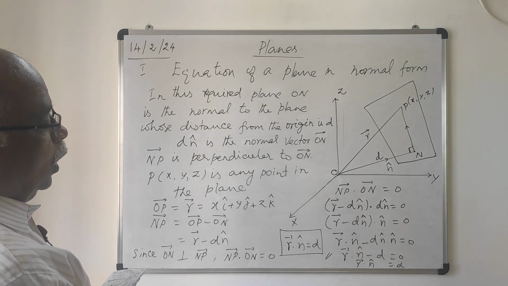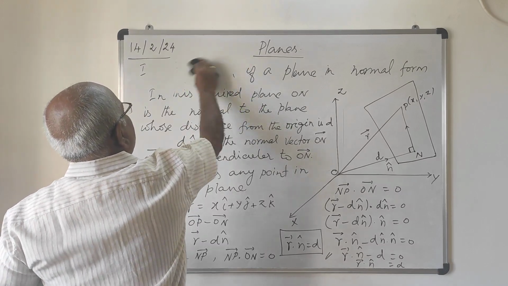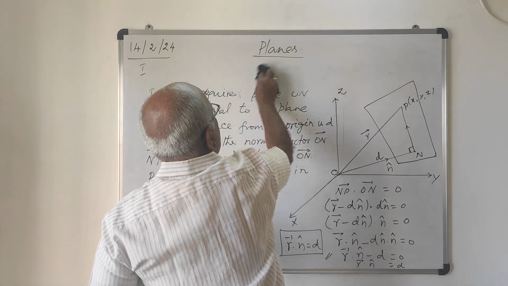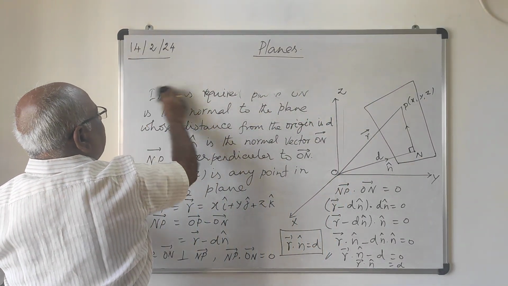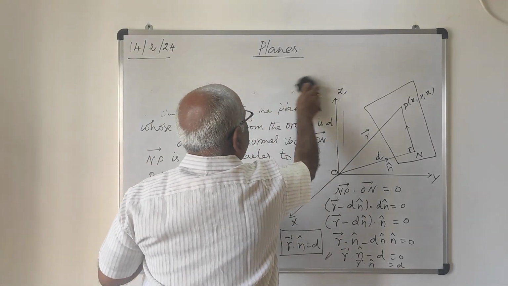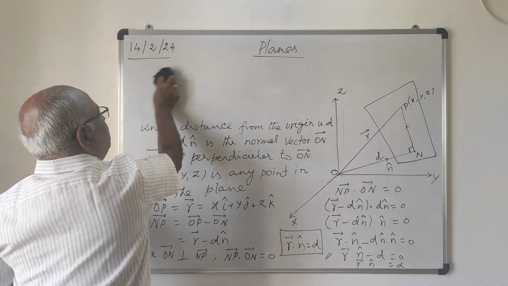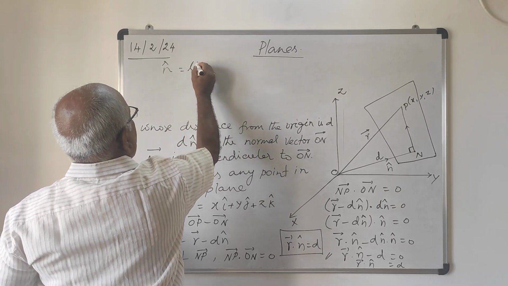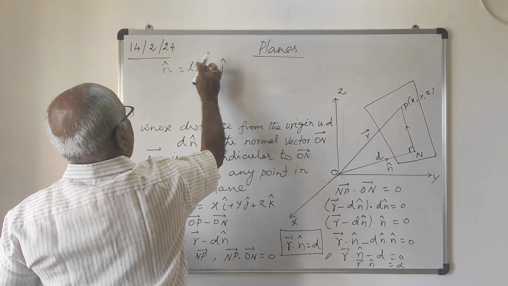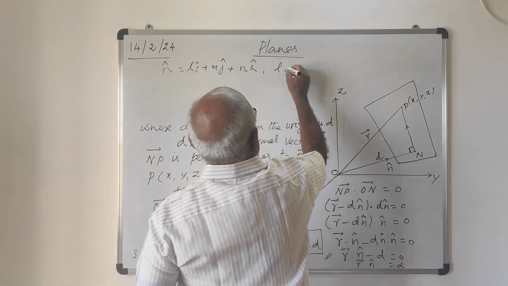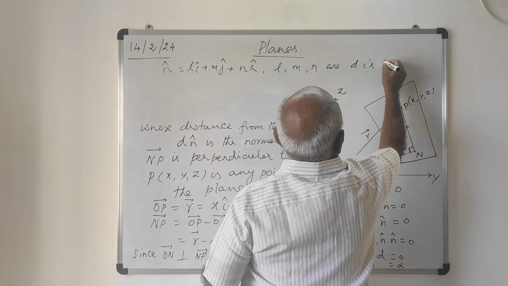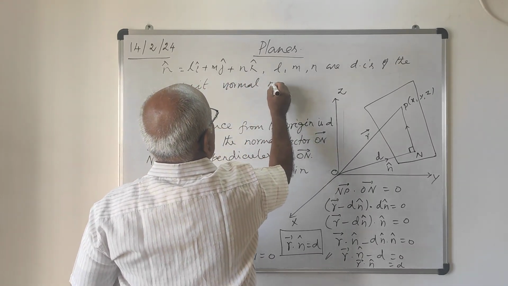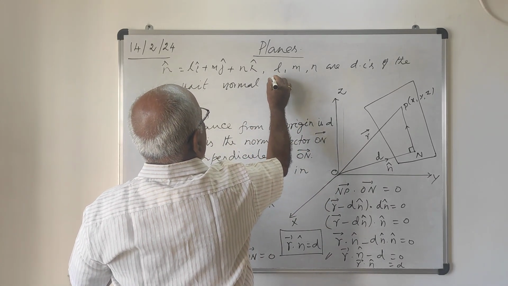Now n cap is a unit vector defined by li plus mj plus nk, where l, m, n are the direction cosines of the normal vector, the unit normal n cap.